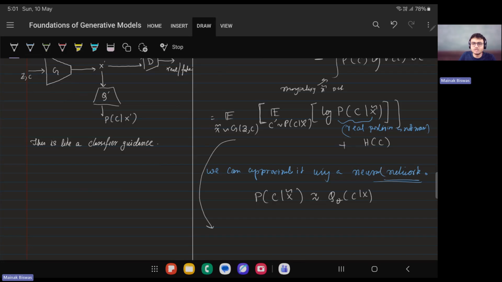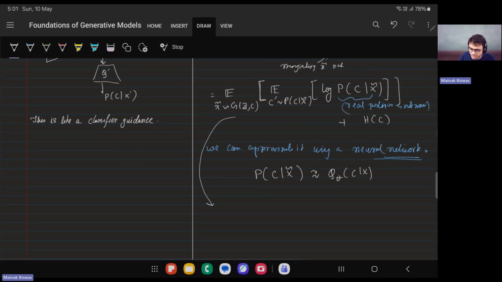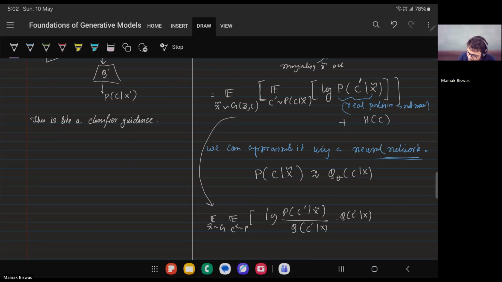Anytime you approximate any distribution with a neural network, it's actually taking an upper bound or a lower bound as you do the equations. So this is saying x tilde from G(Z, C), C dash from P, log of P(C dash given x tilde) by Q(C dash given x tilde), into Q(C dash given x tilde). And Q is a variational distribution.